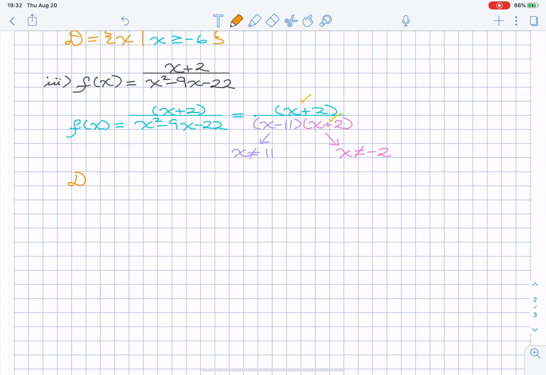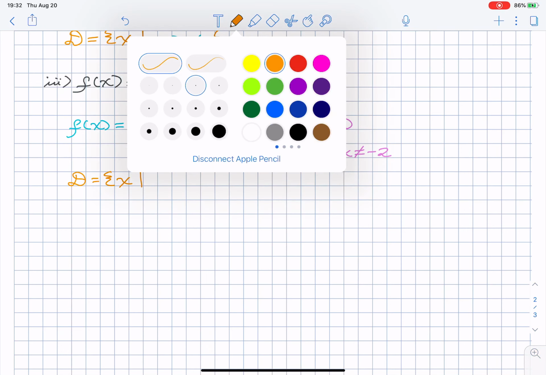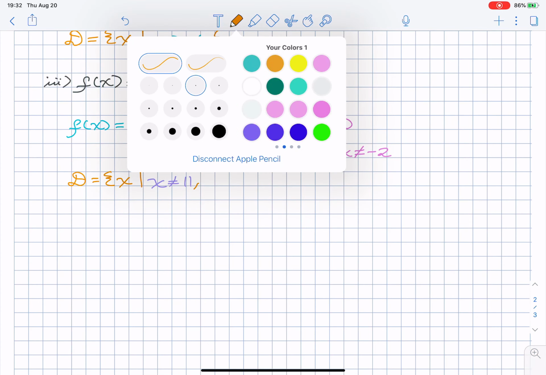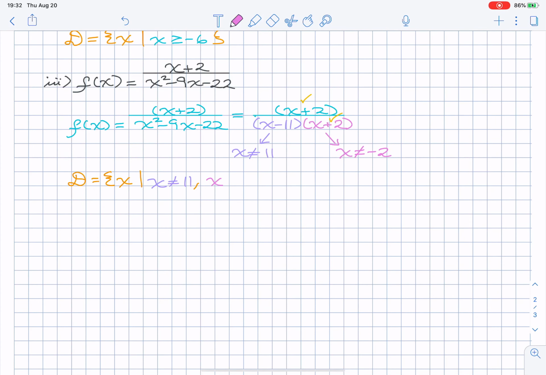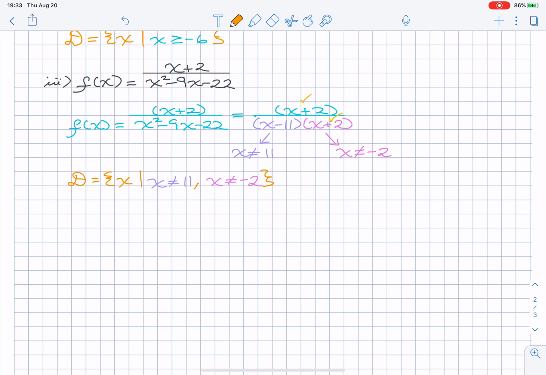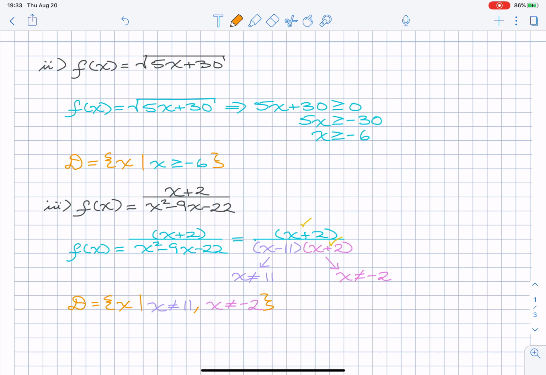So therefore the domain of this function will be the set of all values of x, given that x is neither 11 nor is it negative 2, regardless of whether I can reduce. Okay, so that's a caveat we need to keep in mind. The reduction does not change the domain.